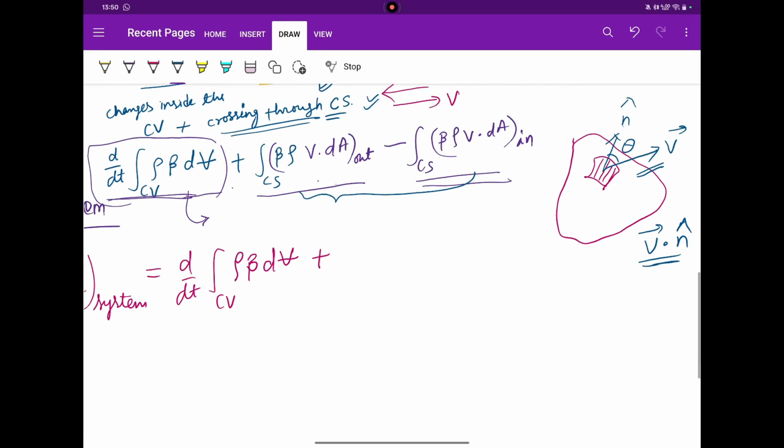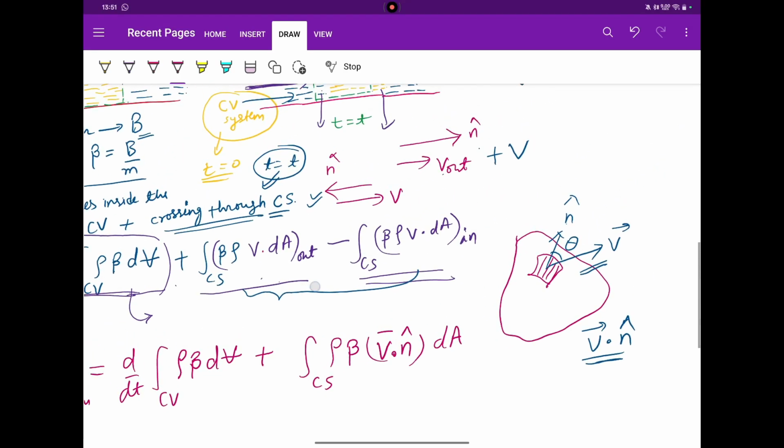So if I write them together, let me write with the same color, rho beta v dot n cap into dA.